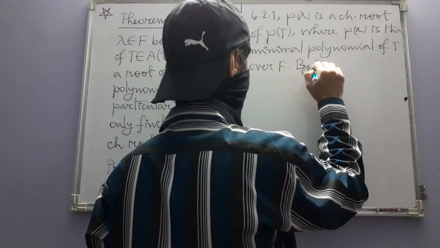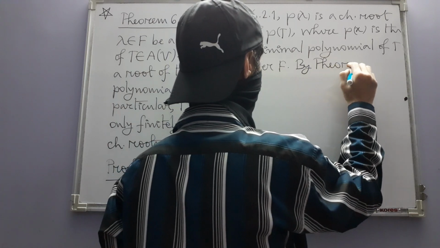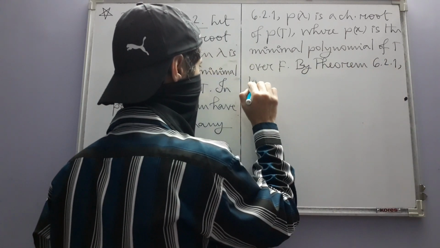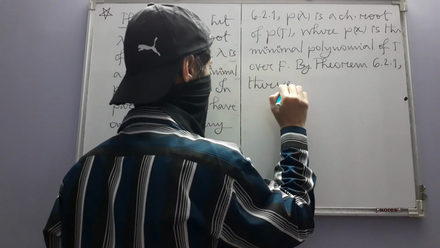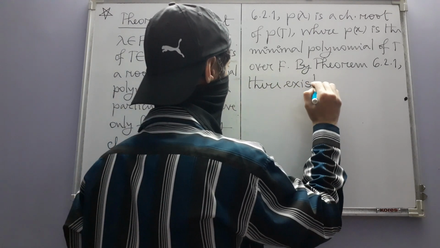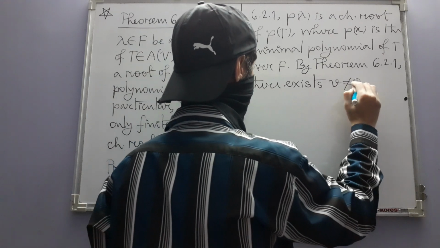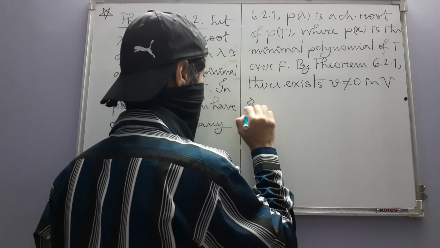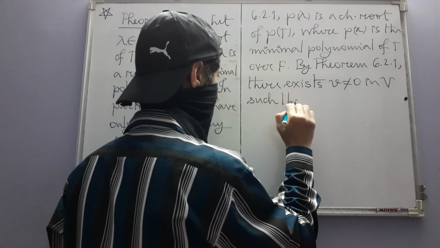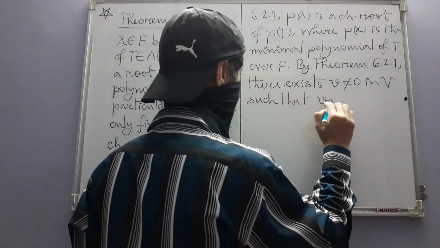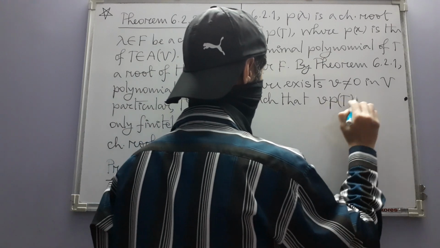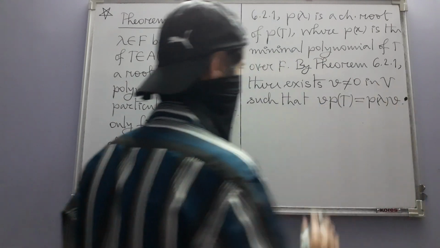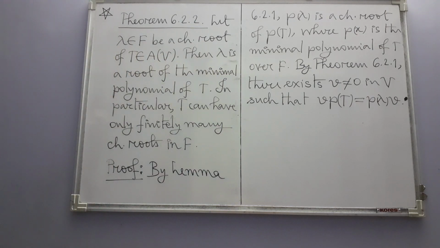By theorem 6.2.1, there exists a non-zero vector v in V such that vP(T) is equal to P(lambda) v.